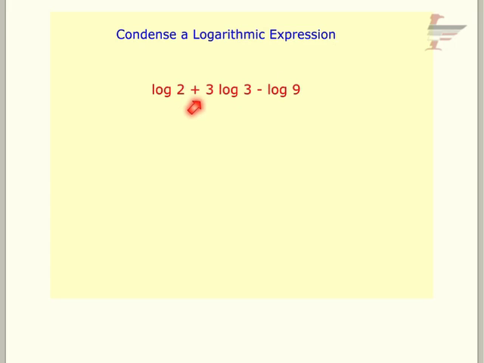So I have addition. I have a number in front of a log, which is really a power, and I have subtraction. So when there's no parentheses, I just literally go from left to right. So the first here is a plus, but before I take care of that plus, I want to make this one here a power.